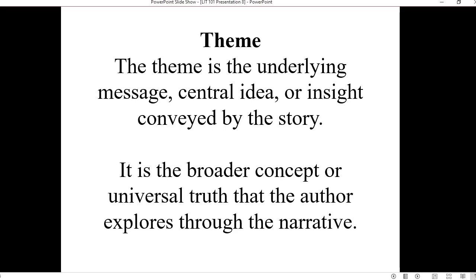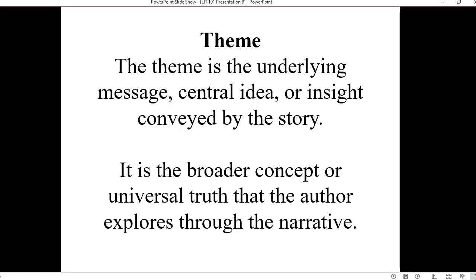After a novel or a narrative work has been read by an individual, what are the lessons that individual is expected to learn from the story he or she has read? These lessons have to do with the themes. It is the broader concept or universal truth that the author explores through the narrative.